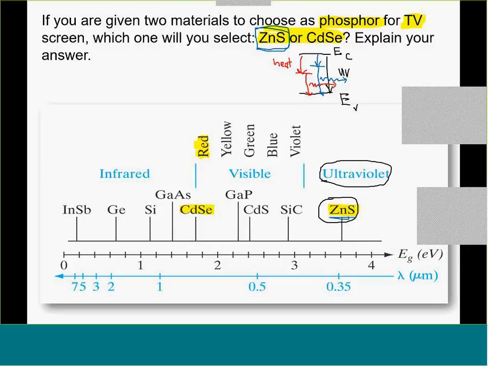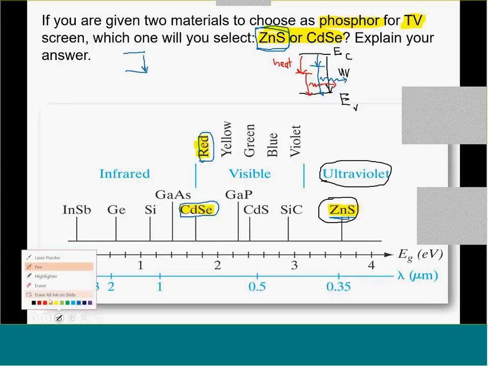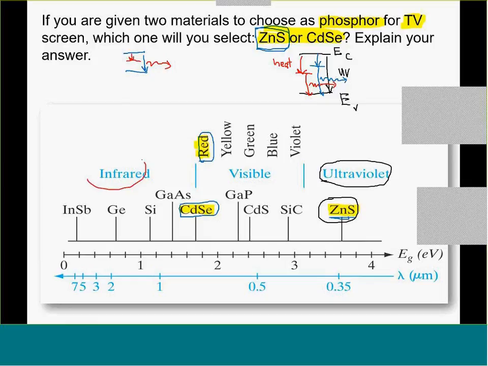But cadmium selenide only gives red, since the energy band gap is small. So band-to-band transition gives red color. But if we introduce any trap in between, the color that comes out will be around infrared.